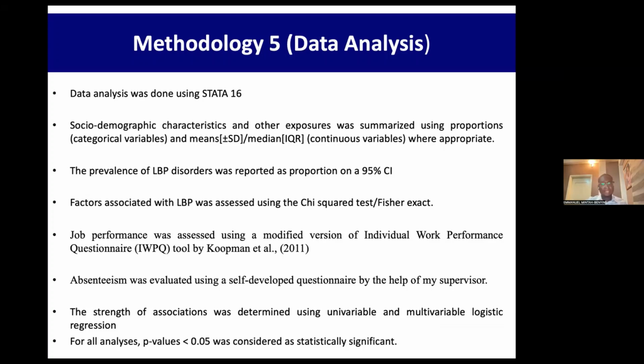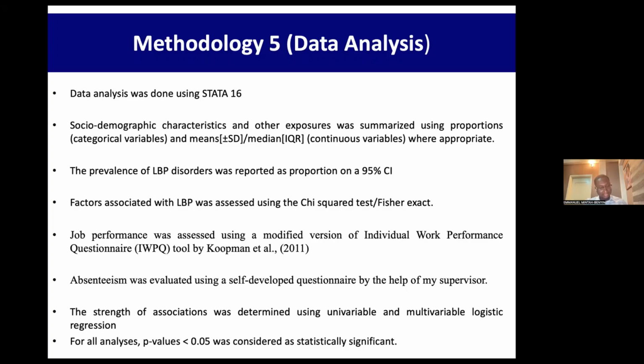Job performance was assessed using a modified version of the Individual Work Performance Questionnaire. This job performance questionnaire is a multidimensional scale tool, which assesses individual work performance on three main dimensions: task performance, contextual performance, and counterproductive work behavior.